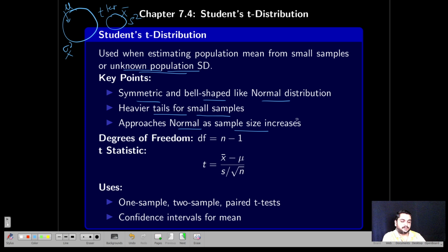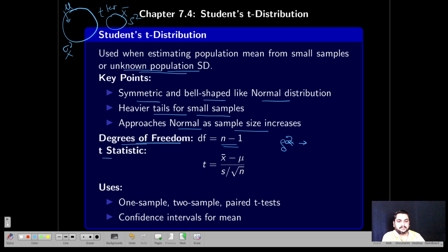Just understand this for now; in the next chapter I will explain in depth. Then the concept of degrees of freedom comes in here. I used this concept in the second chapter also when I calculated your sample variance s square. We'll come to this shortly.